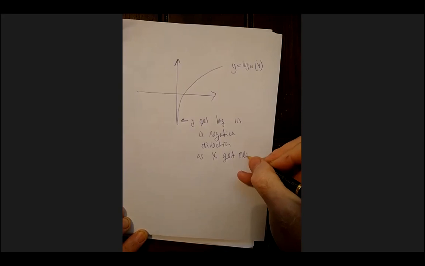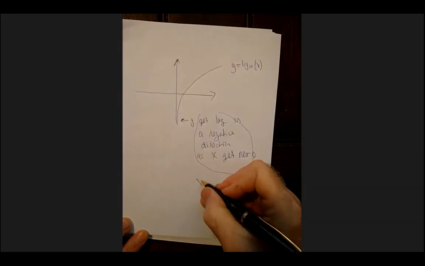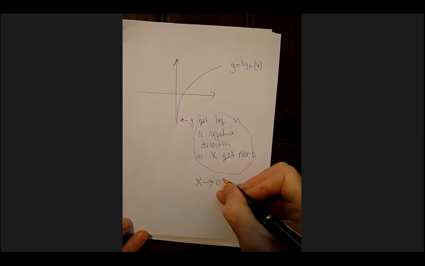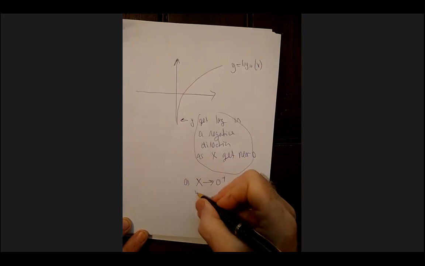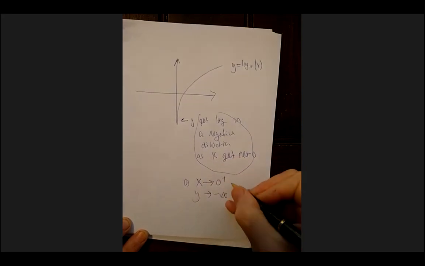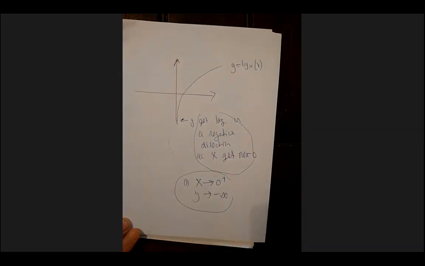That's how you say it in English, but the better way to say it, I think mathematically, is x approaches 0 from the right. In other words, you're going from this direction. y approaches negative infinity. So that's a good way to describe what's going on right here with a vertical asymptote.